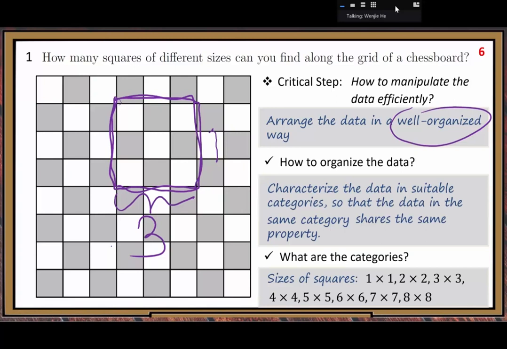Now the question: if we count along the horizontal grid lines, just along this line, how many line segments with length 3 can you find?